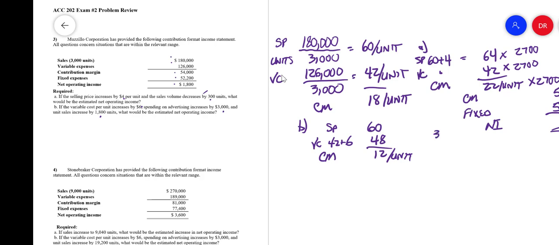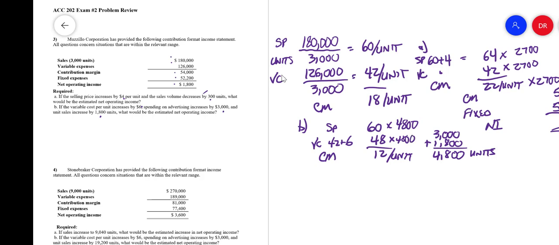Okay. Then they give us the sales volume, which increases by 1,800 units. We started with 3,000. We're adding 1,800. So that means we're at 4,800 units. Okay. So what we could do, we could go back here and multiply both of these by 4,800 and then recalculate the contribution margin.